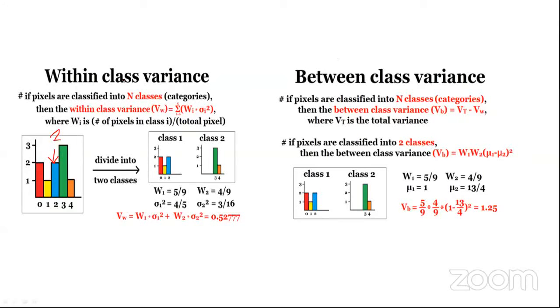If 2 is the threshold you choose, it will divide the pixels into two classes. Class 1 is for the background and class 2 is for the foreground. Basically it will try to minimize the within-class variance and maximize the between-class variance.